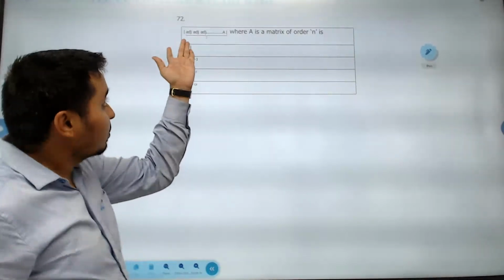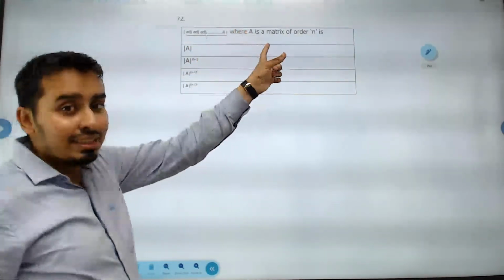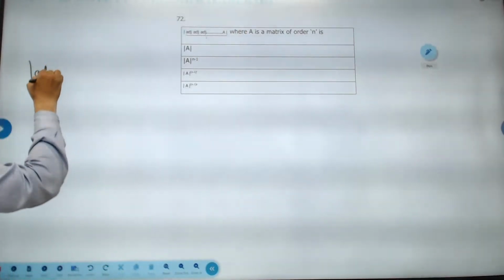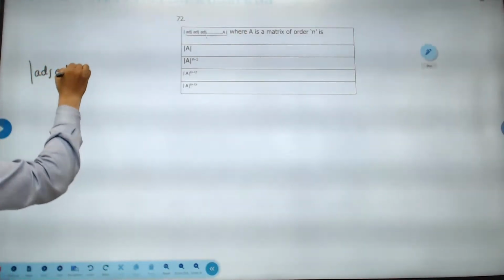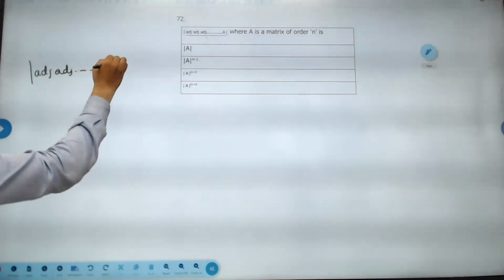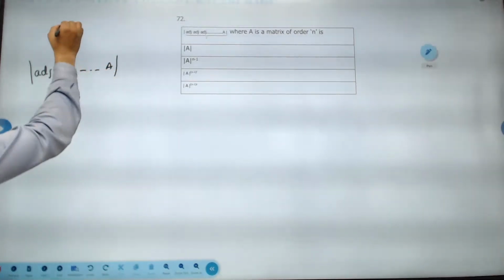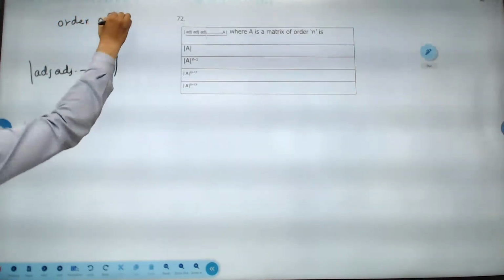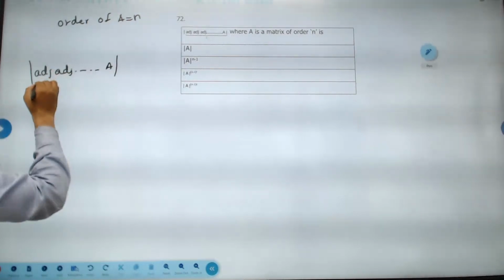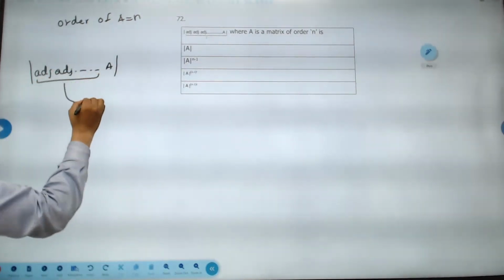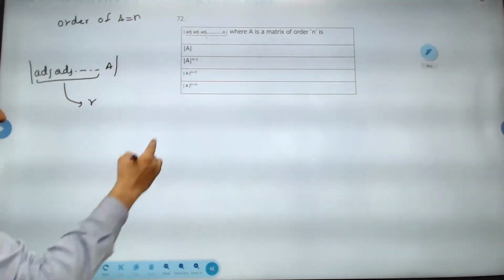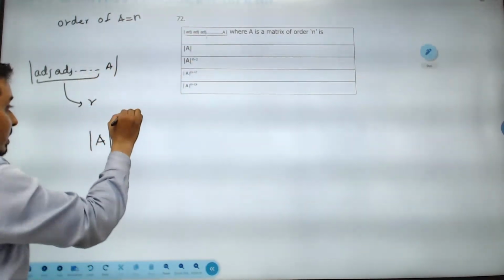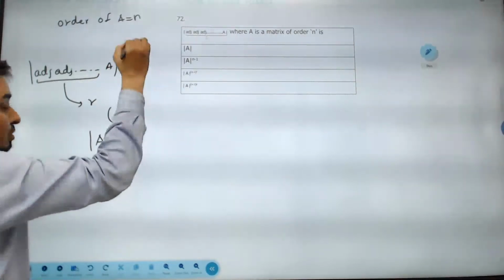A determinant of adjoint of adjoint of adjoint of dot dot dot A, where A is a matrix of order n. So here there's a direct formula. If the order of A is n, and this adjoint has been taken r times, then the determinant of this is det A raised to n minus 1, and this has to further be raised to r.